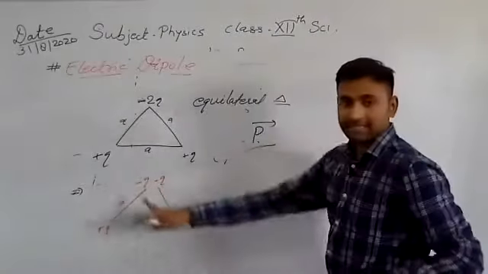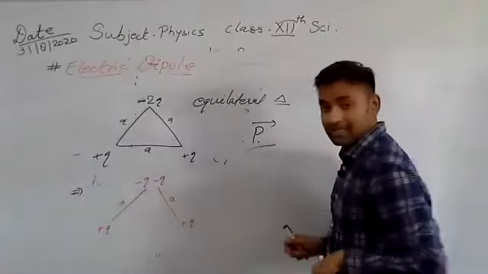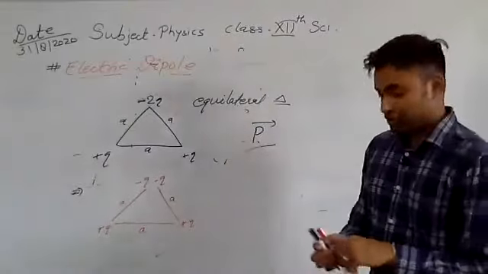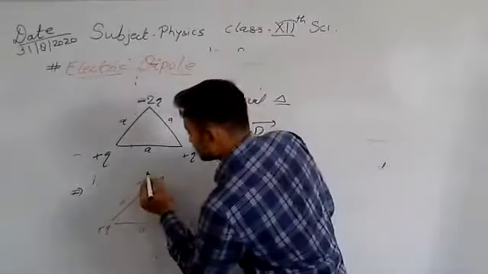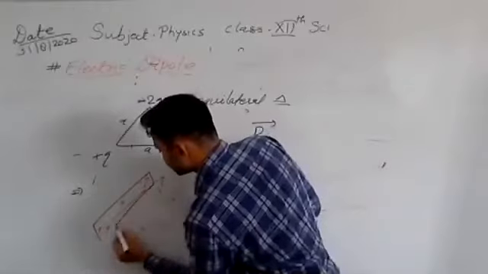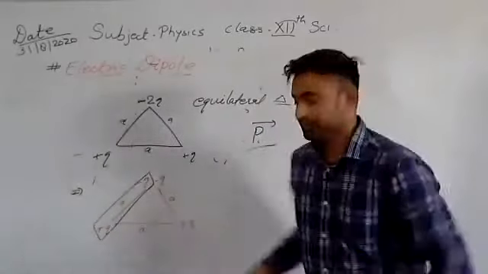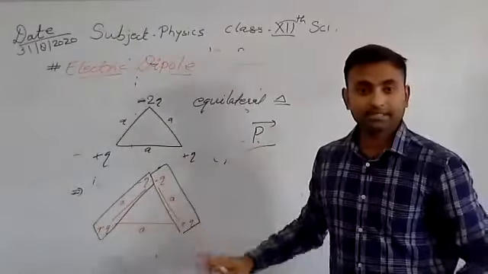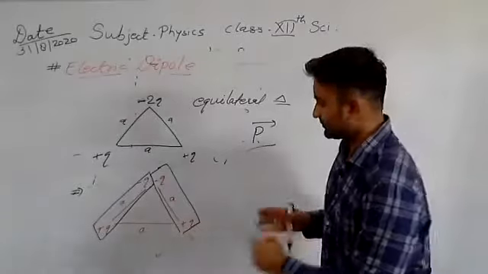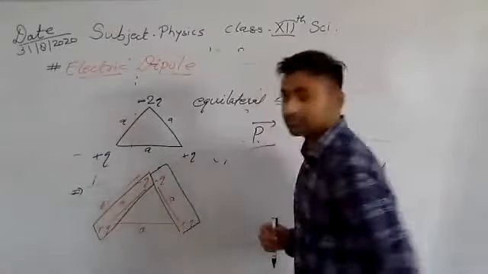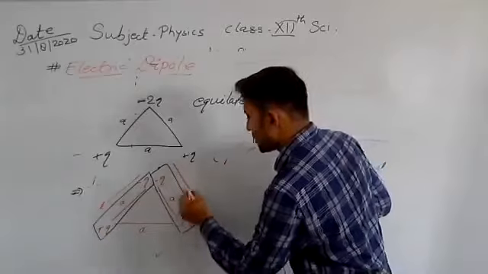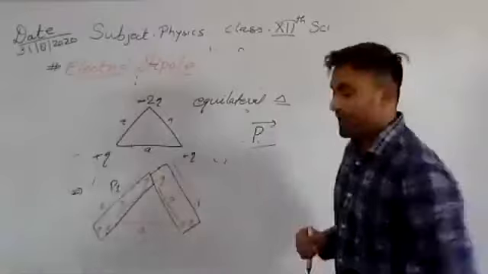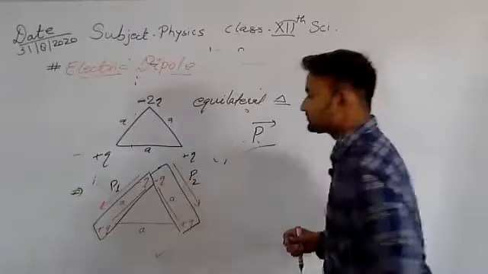This dipole length is A, this dipole length is A, this separation is A. So I can say that this is a dipole minus q plus q, and this is another dipole minus q plus q. What will be the direction? It will be minus q to plus q. Let's say it is P1 and it is P2. Okay?